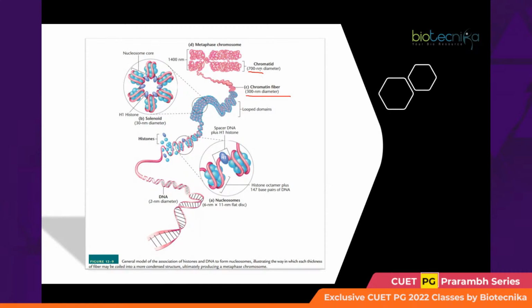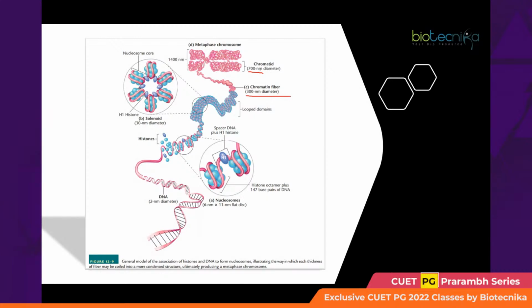Now after we have discussed this chromosome compaction, this is the basic chromosomal packaging. However, chromosomes are not rigid structures. Rather, there are many regions in the chromosomes that have dynamic structures that unpack when the genes become active and pack when the genes cease their activity.